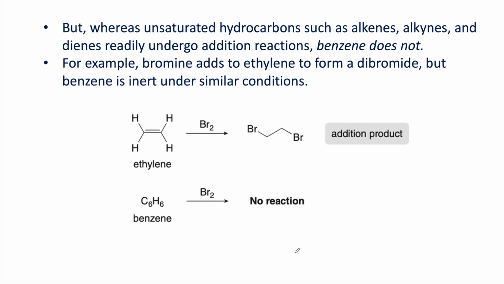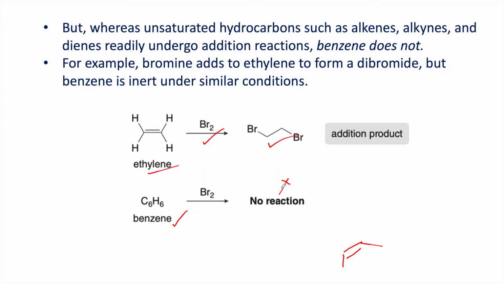Next they performed addition reactions. Generally, if you perform an addition reaction on an alkene like ethylene, it undergoes bromination very easily and gives you a dibromo product. But when they performed the same bromine reaction on benzene, they didn't get any product. So they thought there couldn't be a structure like ethylene or a normal alkene.